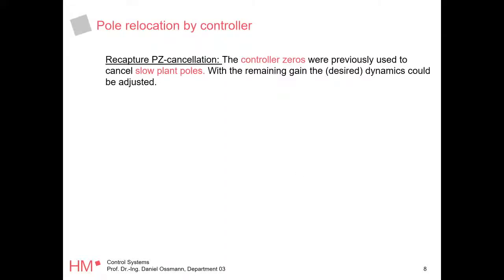So far we used the zeros of our controller, right? We have a controller which looks like, for example, a PI controller, K_PI (s + mu) over s. And we said, okay, using this zero, we're going to cancel a pole of our system. So how did we do this? Let's say we have a simple PT1 system in the open loop.